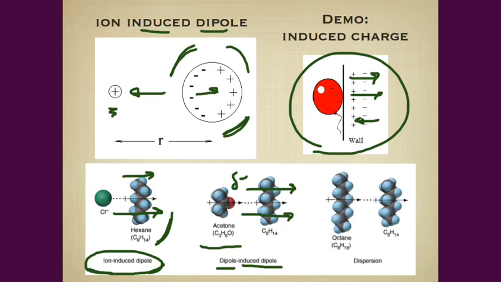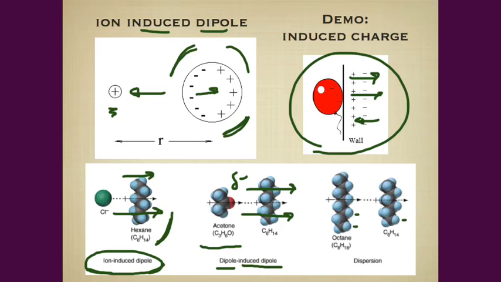Finally, if you have two nonpolar molecules together, let's say some octane and some hexane, basically they're not going to be attracted at all to each other, but it's possible that in a brief instant of time you may have a shift of electrons that, even temporarily, are more on one side than the other.